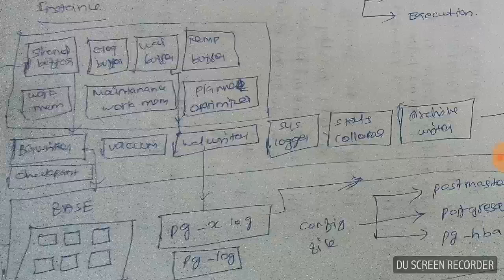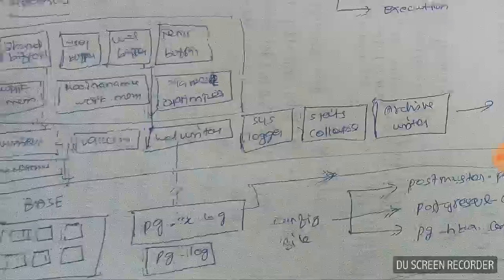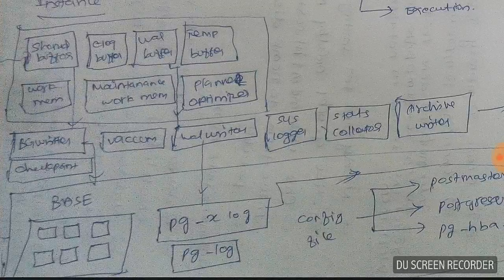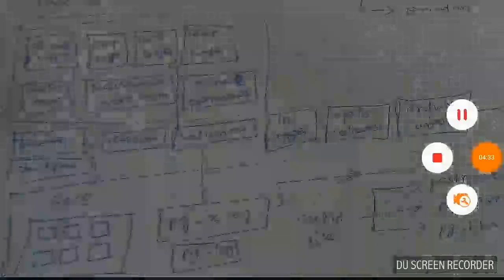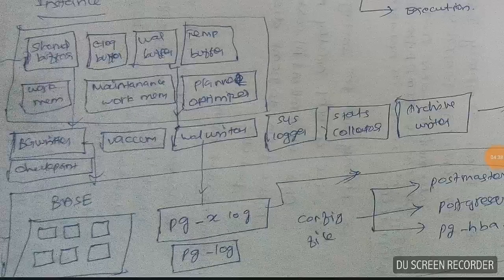Then the WAL writer is mainly involved in writing the data from the WAL buffer into pg_xlog. And after that, the archiver is mainly involved in writing the data from the log into the archive log. And then the syslogger: system information is maintained here.